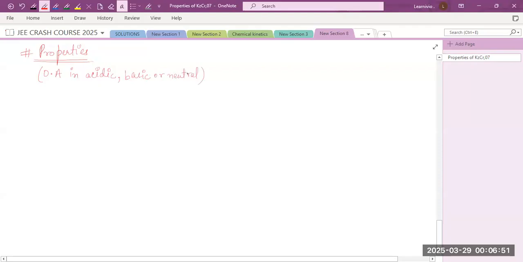But in the case of K2Cr2O7, potassium dichromate, it is an oxidizing agent in acidic conditions. Now see first in acidic medium.